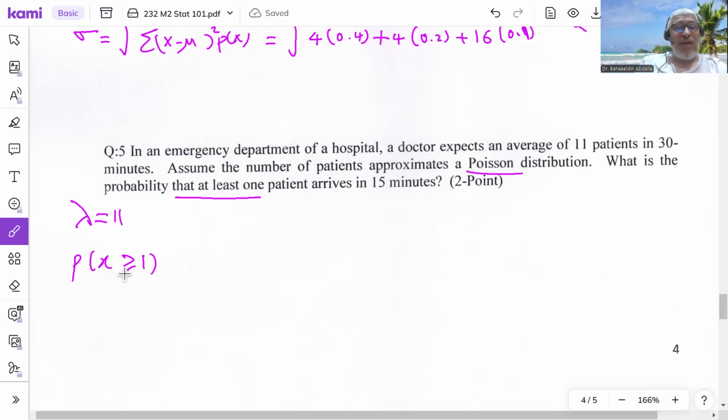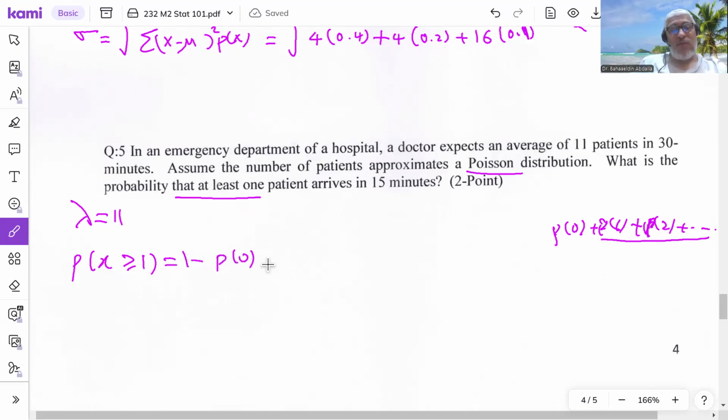In Poisson, I cannot find x greater than or equal to 1 directly because I have probability of 0 plus probability of 1 plus probability of 2, and it doesn't stop. Not like the binomial, it goes to n. So to find probability of x greater than or equal to 1, it is enough to find 1 minus probability of 0. That at least one patient arrives in 15 minutes.